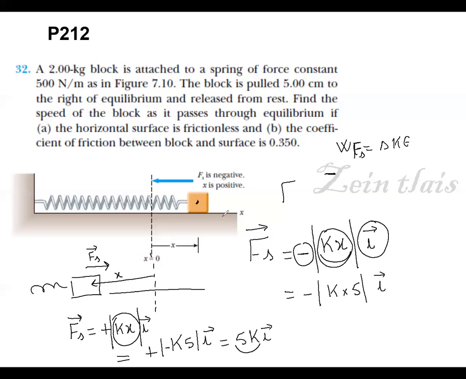After that I put the magnitude of Fs equals kx times the displacement, also in absolute value. All the values here are absolute values, but here we have the sign plus or minus. In all the cases, we use plus and minus i, and you use the absolute value of kx. Okay? Thank you.